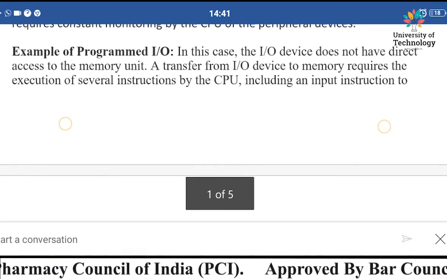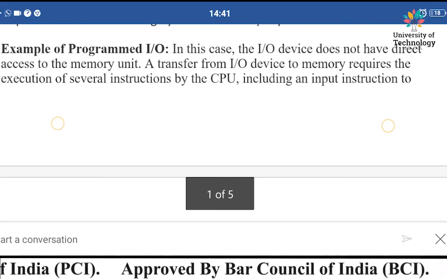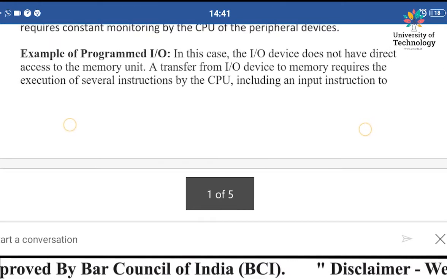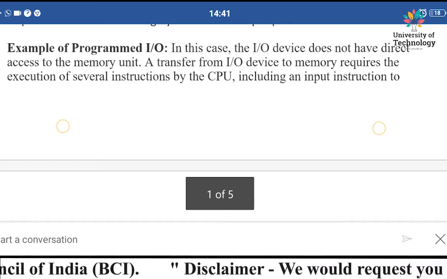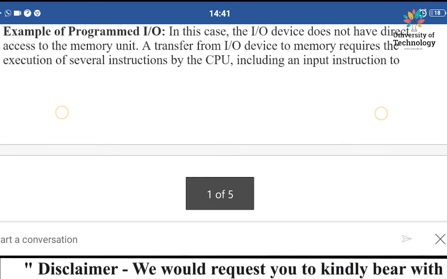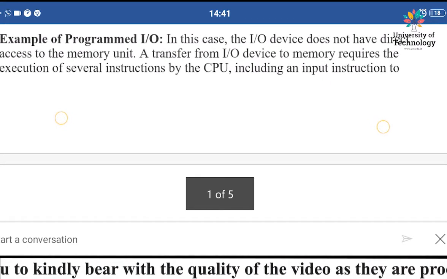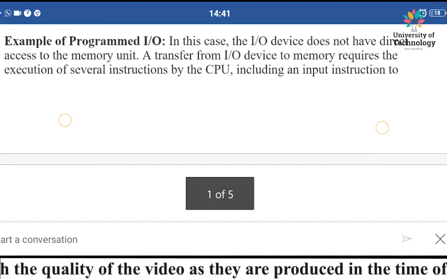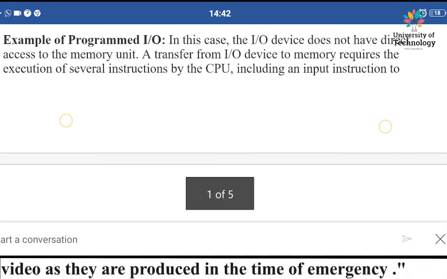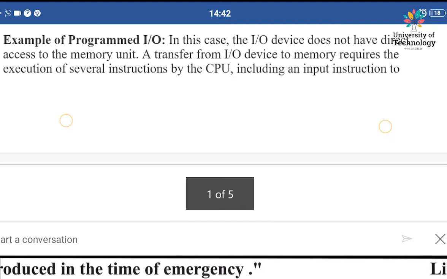They cannot access the memory directly. So a transfer from input output devices to the memory requires execution of several instructions by the CPU. So we know that we don't have any direct access to the memory unit. So obviously we need some instructions to execute, and who will run those instructions? That is going to be the CPU.